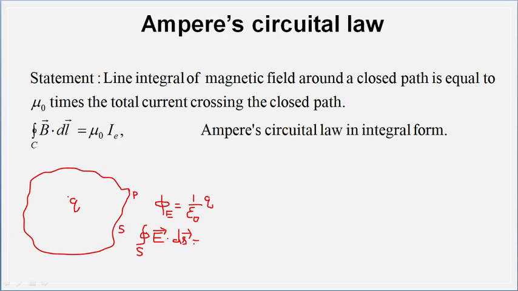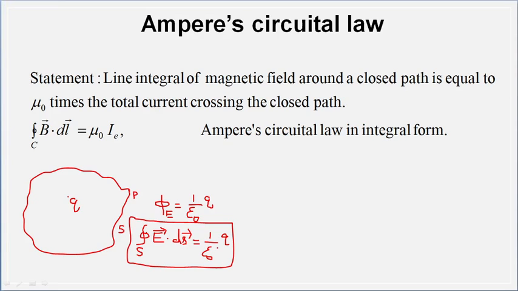So that is the flux, and this turns out to be 1 upon epsilon 0 times Q. So basically this is Gauss's law in electrostatics in the integral form. We call it the integral form, the Gauss's law in the integral form.